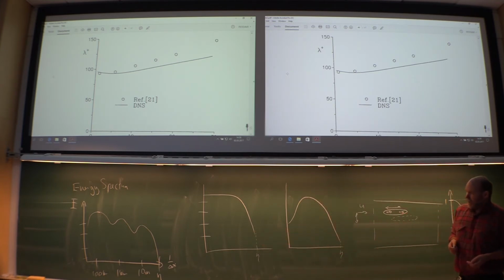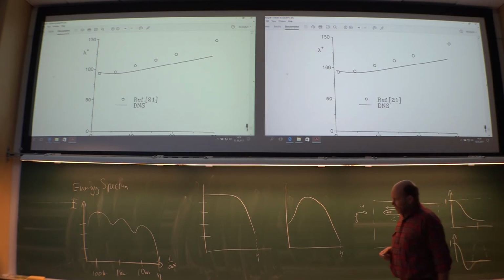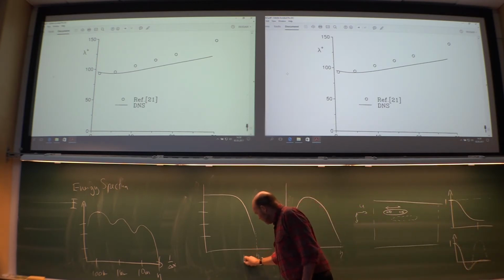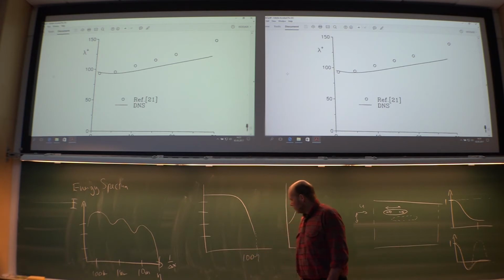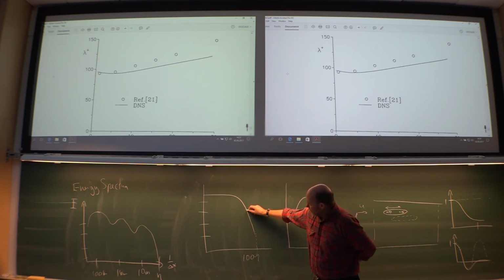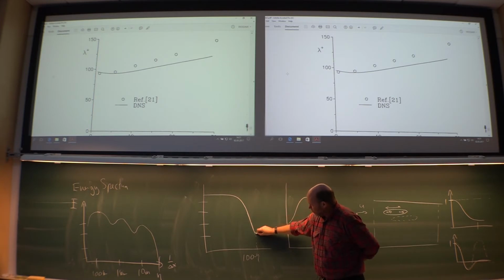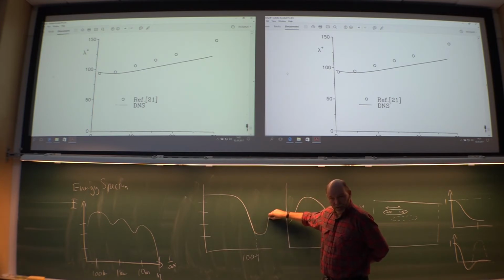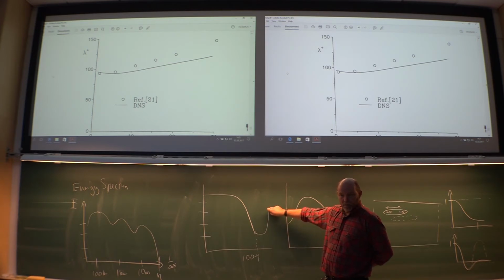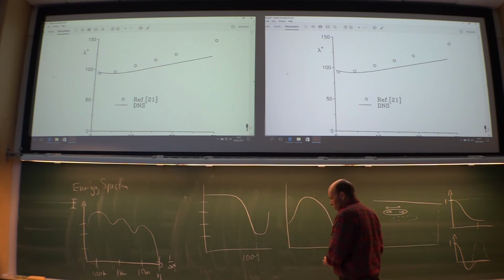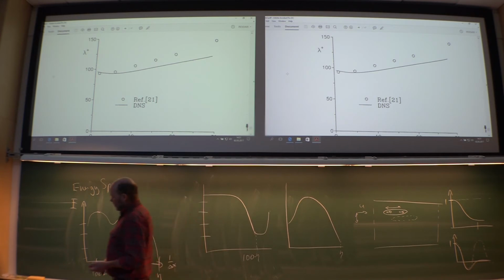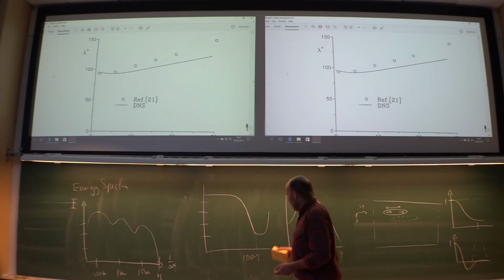If you don't have an adequate mesh, if your smallest cells are too big, then you will risk having an energy spectrum going something like this, or even something like this. That's a little hint. Pay more memory, use more cells. This is not good. It's not supposed to go up again or flatten out. So you could use these energy spectra to test your DNS. How good is it? Is it adequate? Have you enough cells?